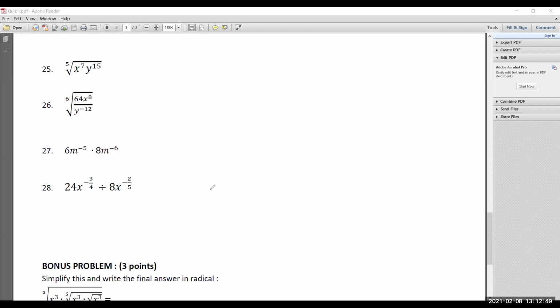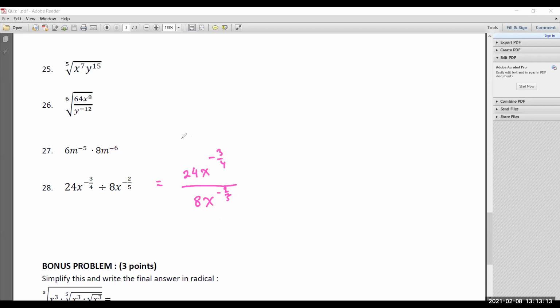Why? Because most of you see this as 24 x to the power of negative 3/4 over 8x to the power of negative 2/5, which is wrong. And it was not my intention.